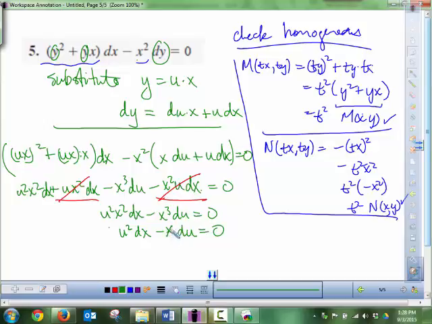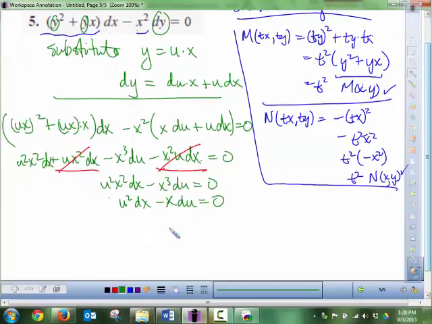That looks a lot simpler, but how would we solve for this? Separable. Let's put the du on one side. So that'll make this positive.